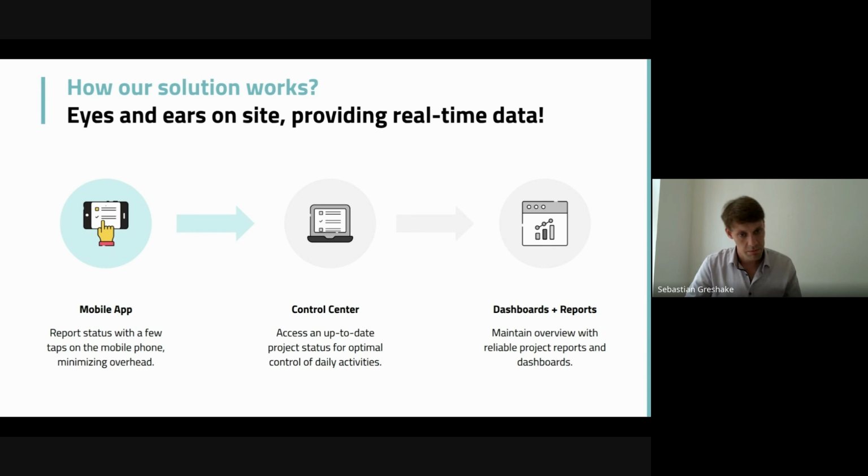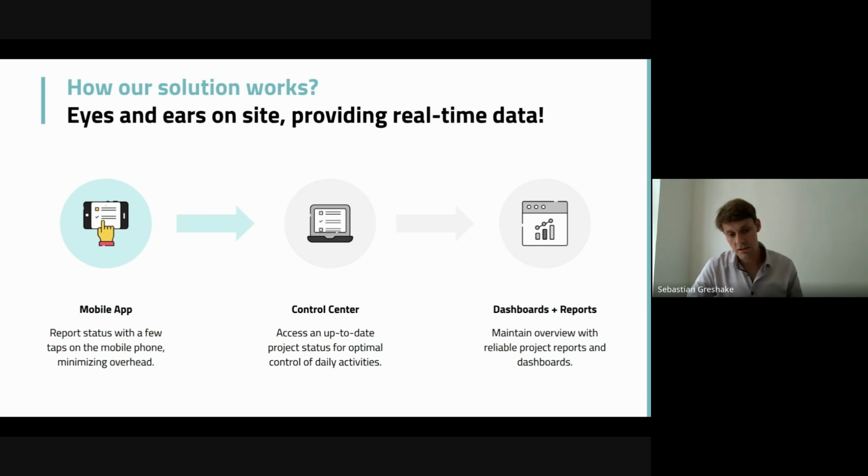So you would equip whoever has a supervisor's role in your project, be it classical supervisors, construction managers, foremen, whatever your organization and structure looks like, whoever is doing or fulfilling supervising duties would get that mobile app. This allows those people to report status or issues with just a few taps on the mobile phone.